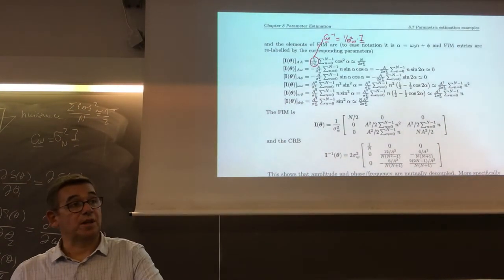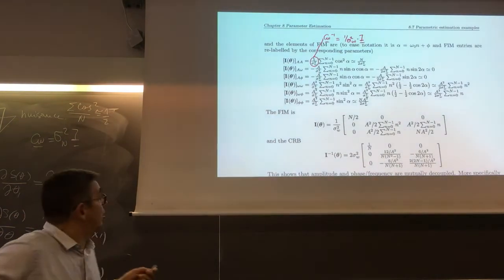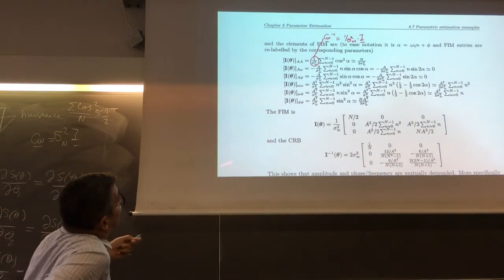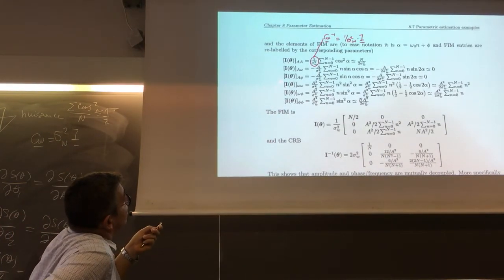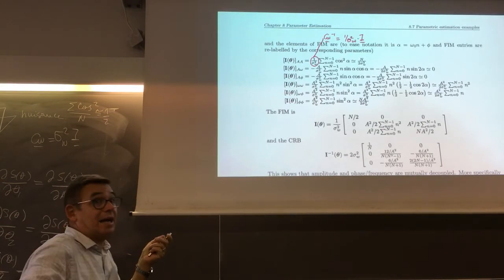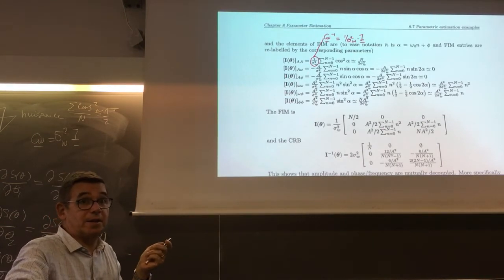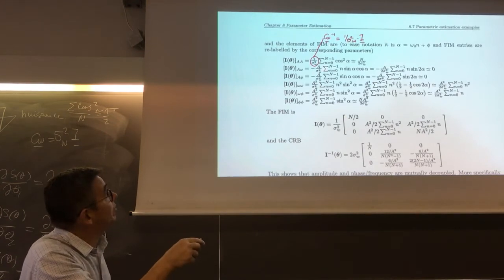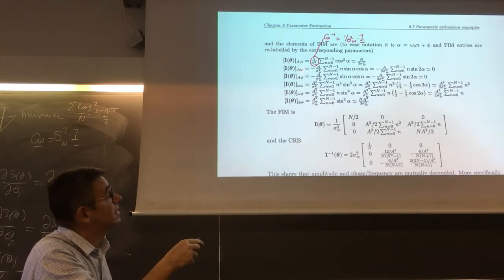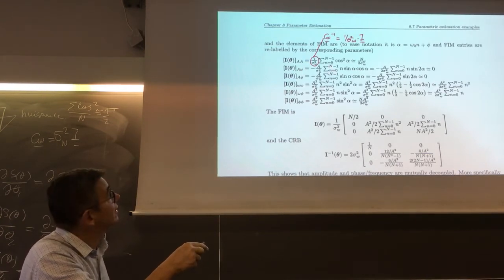Then I need to compute the second one, which is amplitude and frequency. Now I plug in the component that I calculated before. So I have the amplitude, which is a cosine, and the omega, which is a sine, because it's the derivative of cosine.